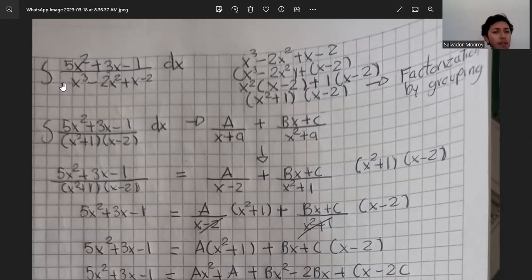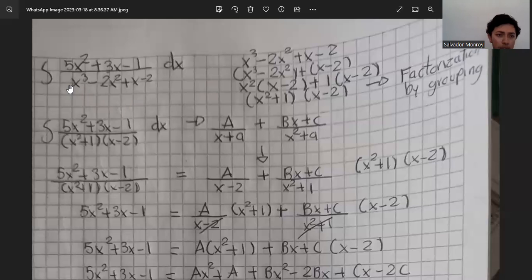We have 5x squared plus 3x minus 1 over x cubed minus 2x squared plus x minus 2. This is a polynomial fraction, and to solve this integral, we need to use a method called partial fractions.